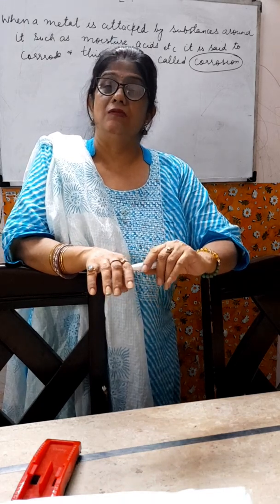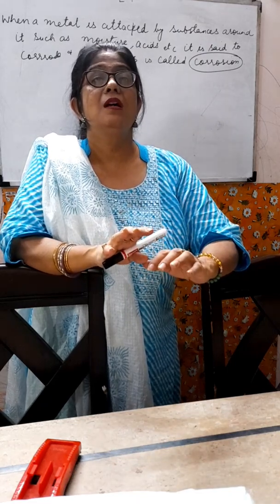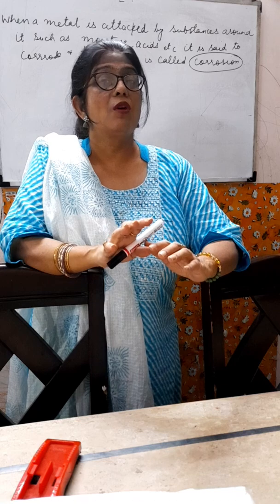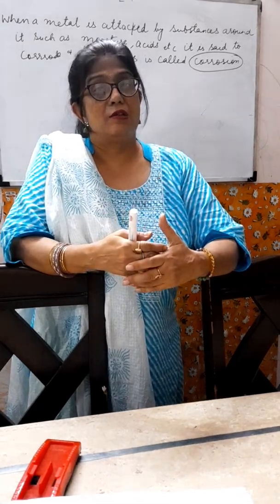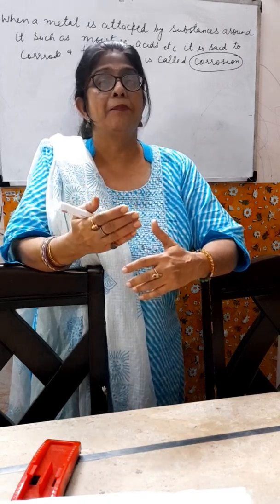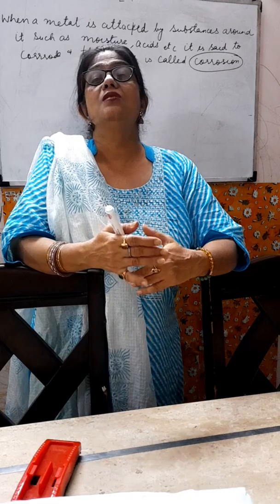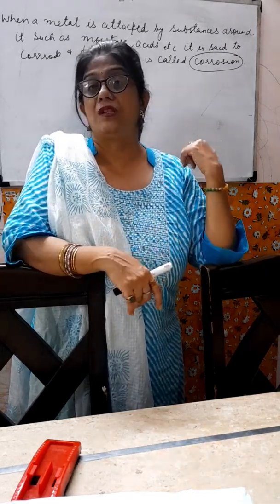If you do not polish the article and prevent this phenomenon, it may damage the whole iron article. You must have all seen this brown coating, which slowly keeps increasing. This coating is known as rusting of iron, and it is an effect of corrosion.